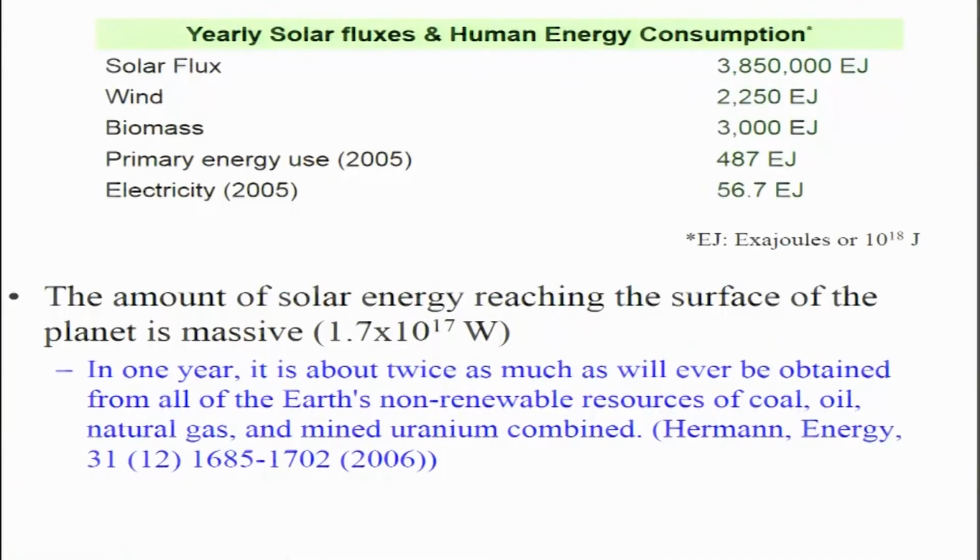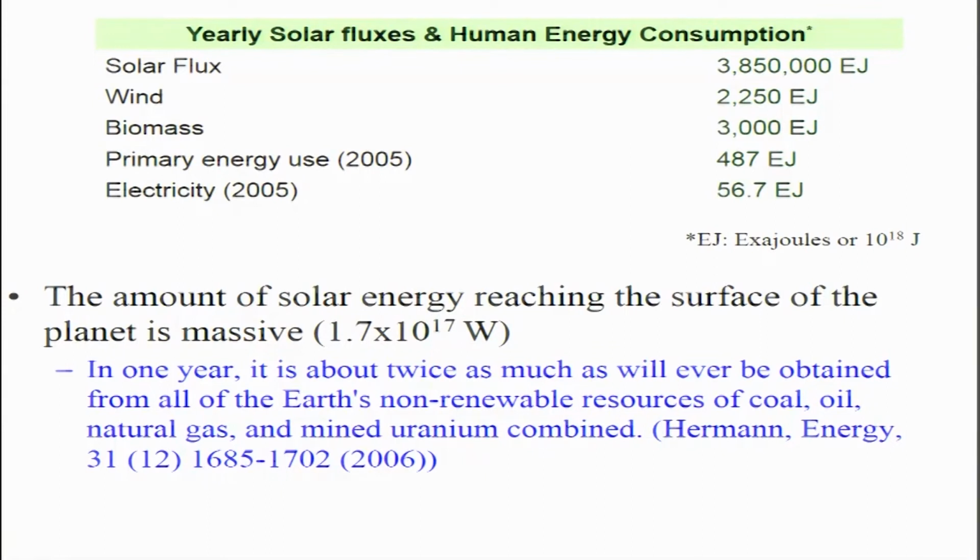So, let me give you some more numbers. These are the yearly solar fluxes and human energy consumption. Essentially, if you look at the figures, the solar flux available to us is about 3850,000 exajoules, and 1 exajoule is equal to 10 power 18 joules.